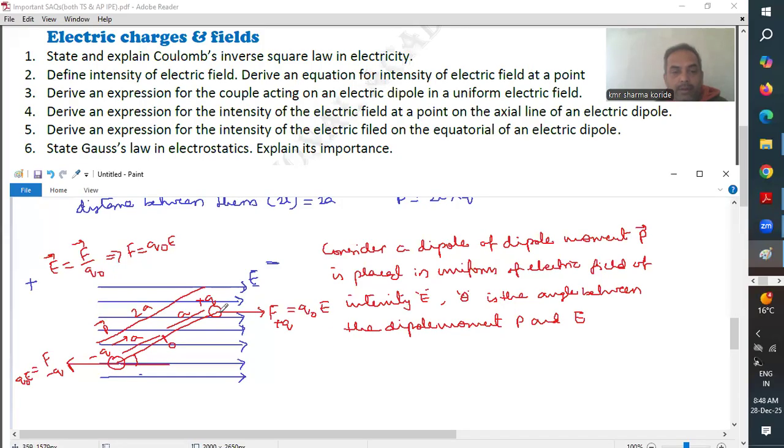If you want torque or couple to act on the dipole, there must be two forces. Their magnitude must be the same, acting parallel to each other and along different lines of action.